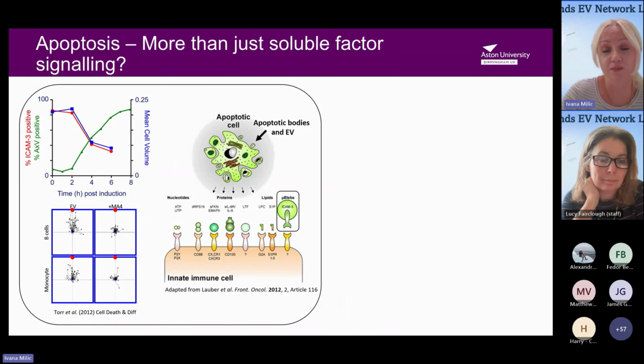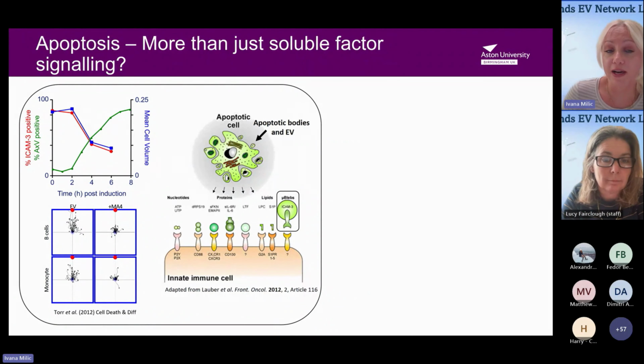So if you look at this upper graph here, from the point that the cells commit to apoptosis, they start slowly exposing the phosphatidylserine on their surface, which is marked here in green, and the annexin 5 staining for these exposed phosphatidylserine is obviously going to increase during the apoptosis onset, but at the same time, cells are losing their mean cell volume.